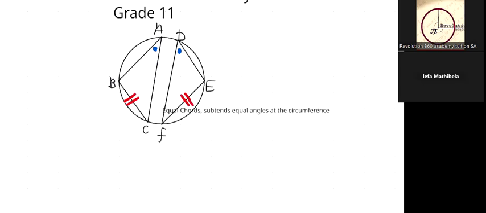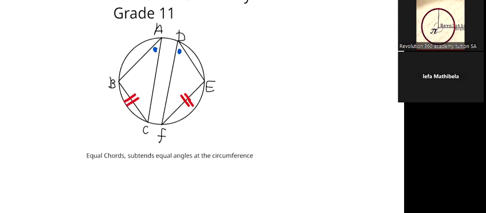So that's one thing that you need to actually know. Okay, equal chords subtend equal angle at the what? At the circumference. So when I'm saying equal chords subtend equal angle at the circumference, this is what basically I mean.